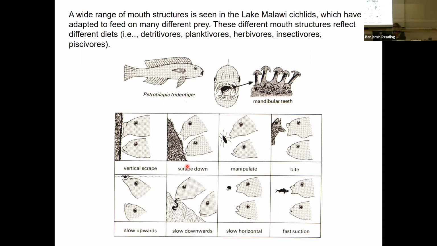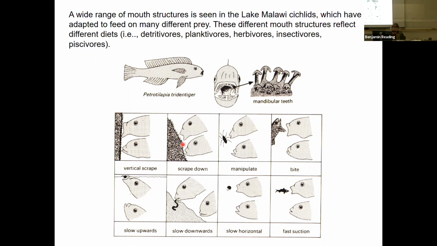As much as Darwin showed variation in the beaks of finches that were all closely related, we see a similar phenomenon: different features of the mouths of a very closely related family of fishes. In some cases, like the Mozambique tilapia, they might be designed to feed on vertical substrates, to scrape algae off of stones or rocks.